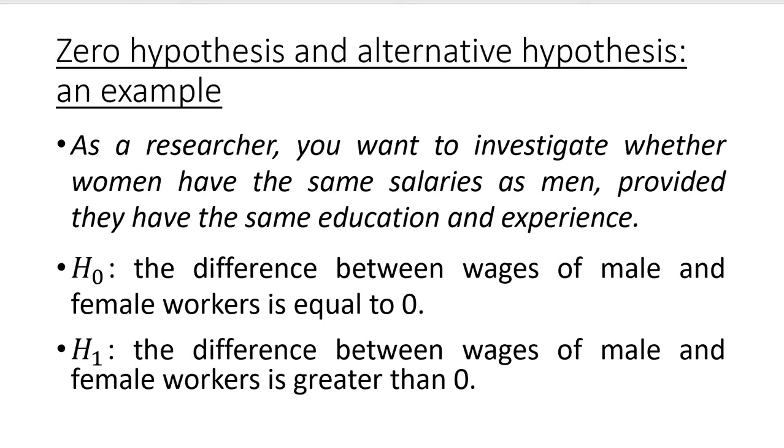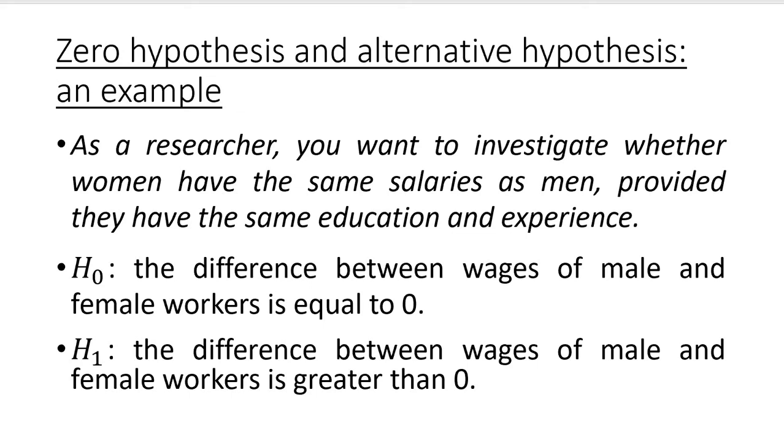However, zero hypothesis always represents some kind of status quo. So you will state that the difference between wages of male and female workers is equal to zero. And the alternative hypothesis is something you accept only if you manage to reject zero hypothesis. So your alternative hypothesis will state that the difference between salaries of male and female workers is greater than zero.